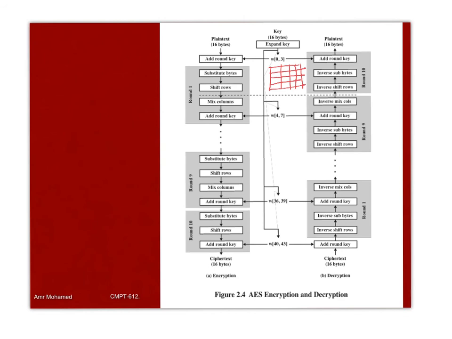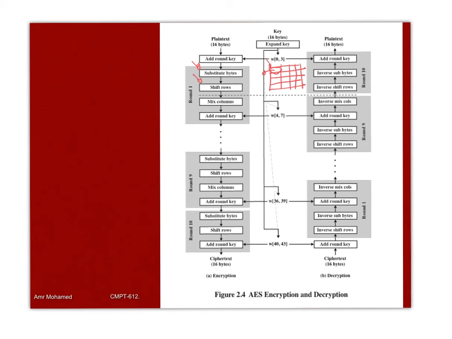You can make these 16 bytes a 4 by 4 matrix like this, and each of these bytes can be used as 2 hexadecimal digits. These hexadecimal digits will be used to look up the value for the substitution, as we will see.